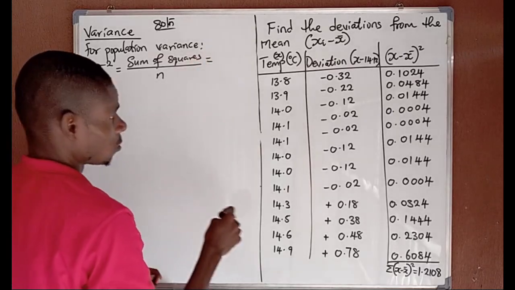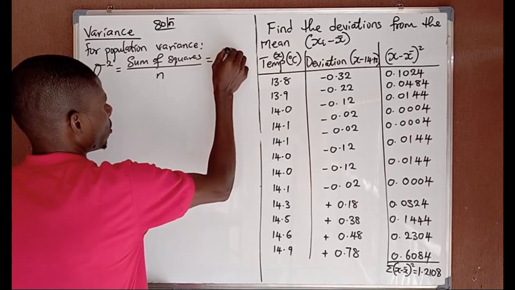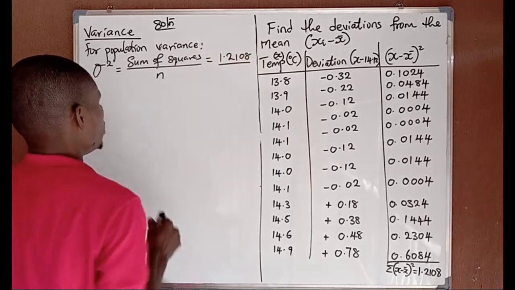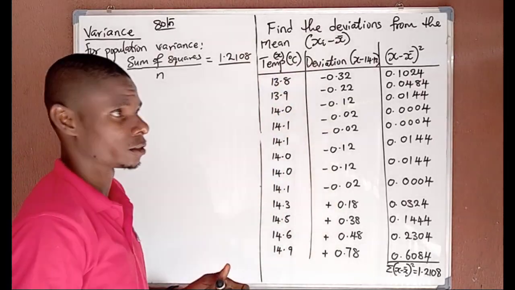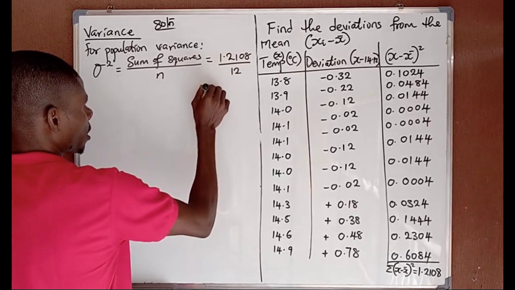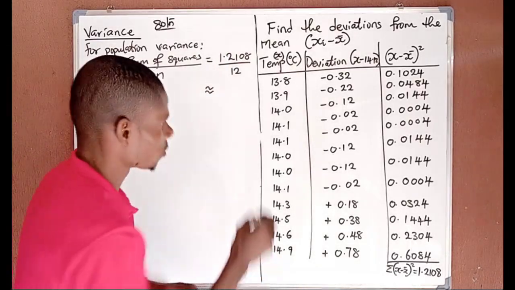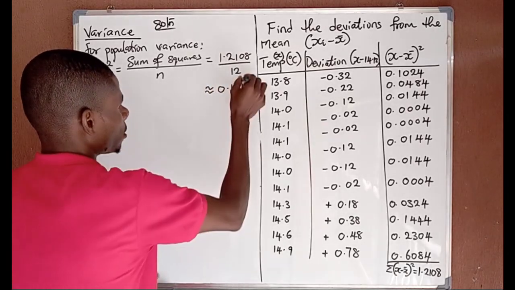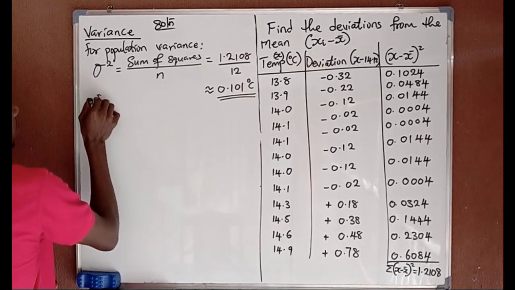The sum of squares we have is 1.2108 over n, where n stands for 12 decades. So it should be over 12. Going by a calculator, this is approximately 0.101 degrees Celsius.